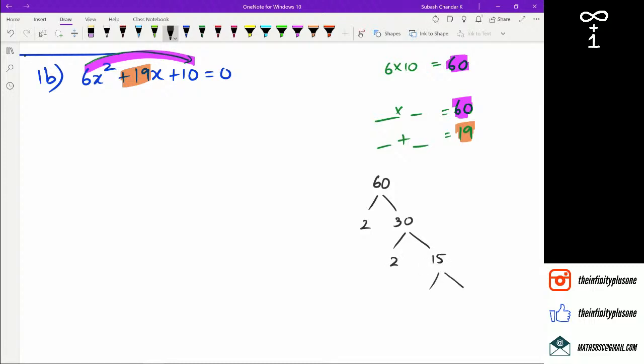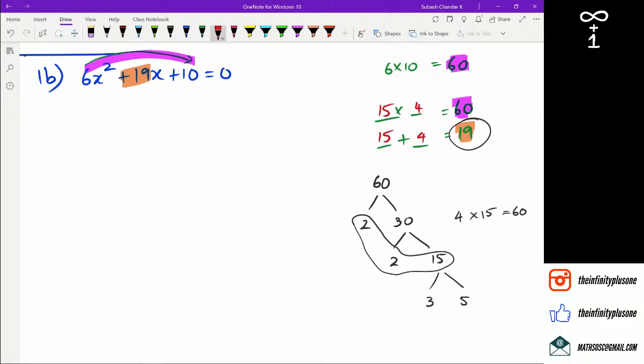Break it down further, you've got 3 and 5. What you're really looking for is the combination that gives 19, somewhere where you can get the total to be 19. And you can see that this branch here adds up to 19. So 4 times 15 is equal to 60. So it's just another little tip for you guys. But anyway, we're going to go with 15 and 4.